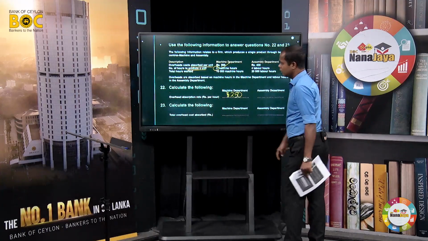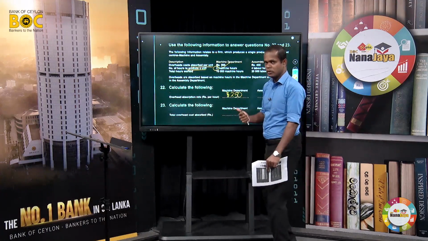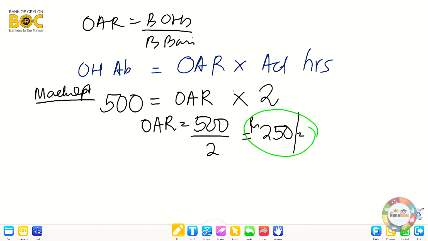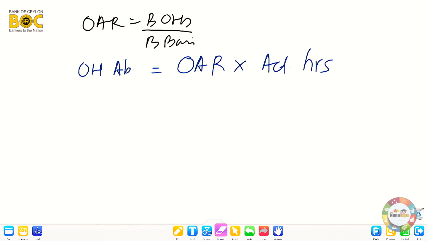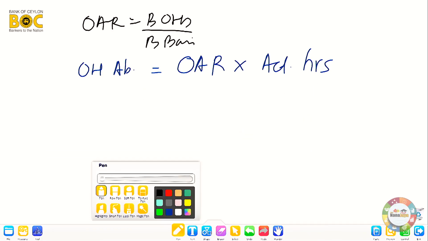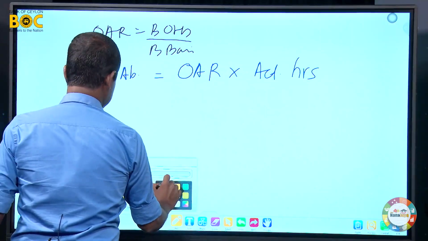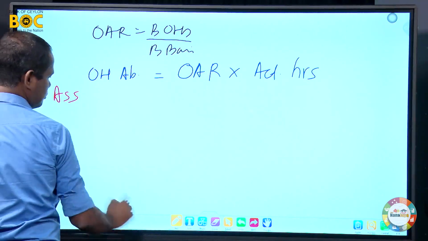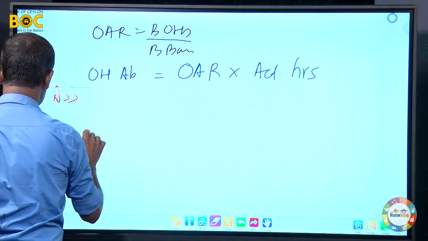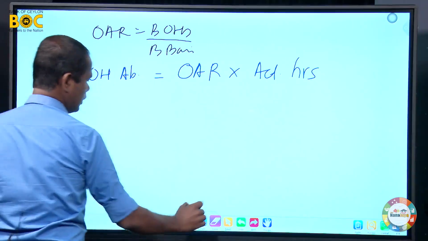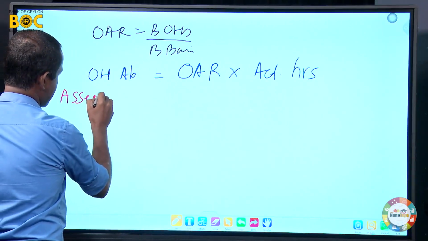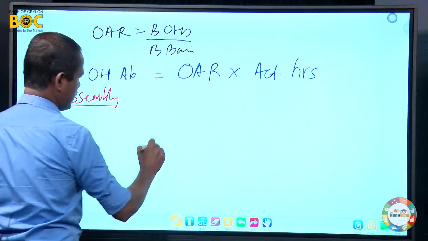The same way you can calculate for the assembly department. How? There we calculated for the machine department, and now the assembly department.